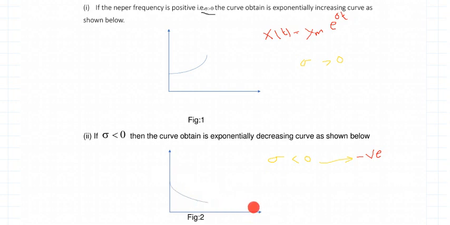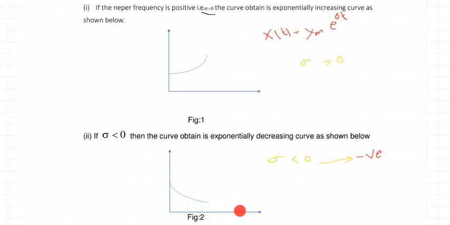So this is the effect of sigma greater than 0: we get an exponentially increasing signal. The signal x(t) that we expressed as a complex signal becomes a signal which is exponentially growing with respect to time. And when sigma is less than 0, the exponential is a function of negative values, and that's why it is exponentially decreasing.